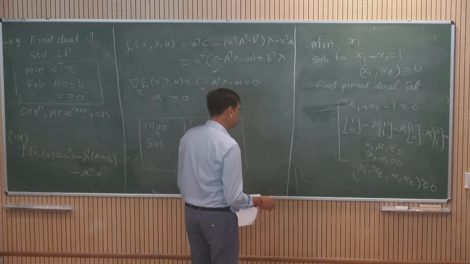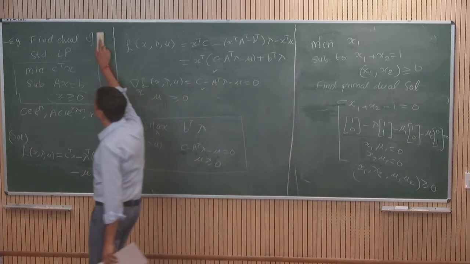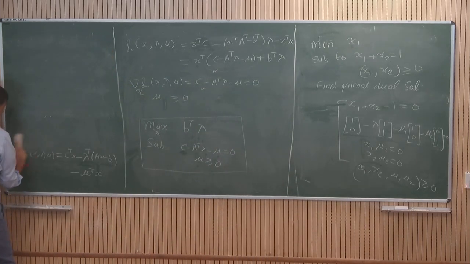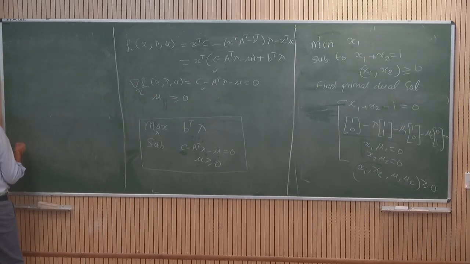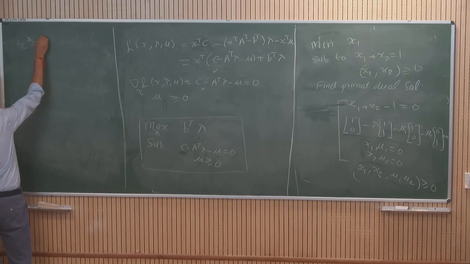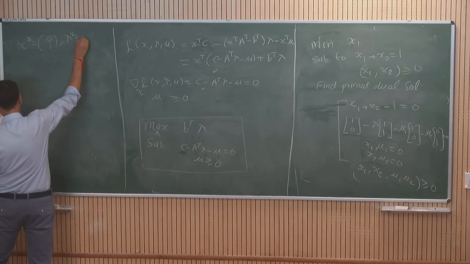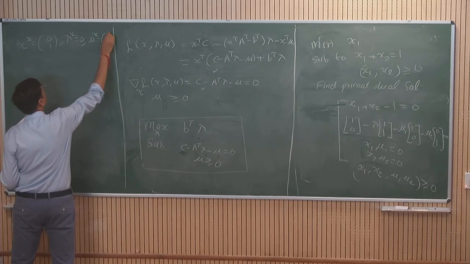Once you solve for this, you will get x star is (0, 1), lambda star is 0, and mu star is (1, 0).